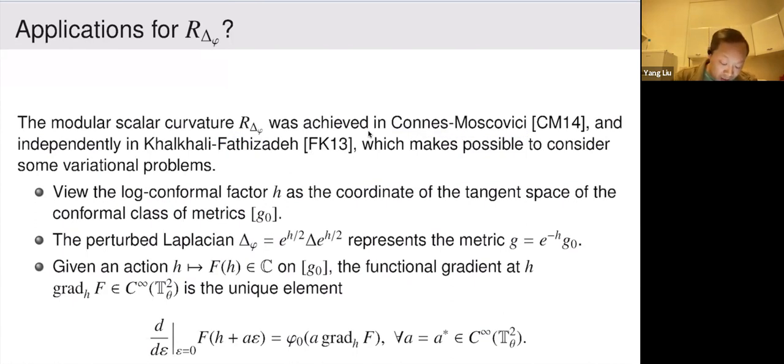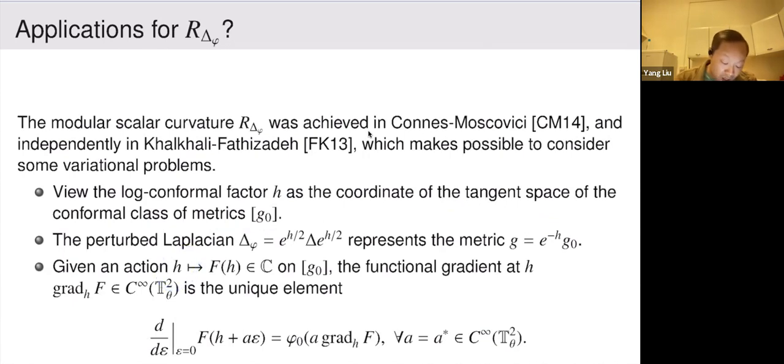So basically, let's consider this conformal class of metrics. It is parameterized by this log Weyl factor, so e to the h is the conformal factor. Then this h is sort of a coordinate on the tangent space of the conformal class of metrics. Suppose you can find some function on h.